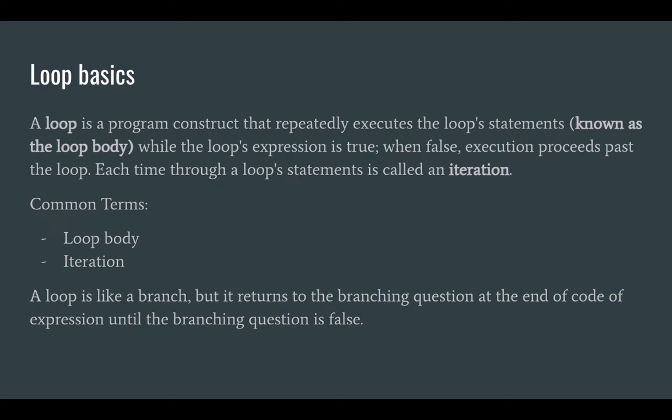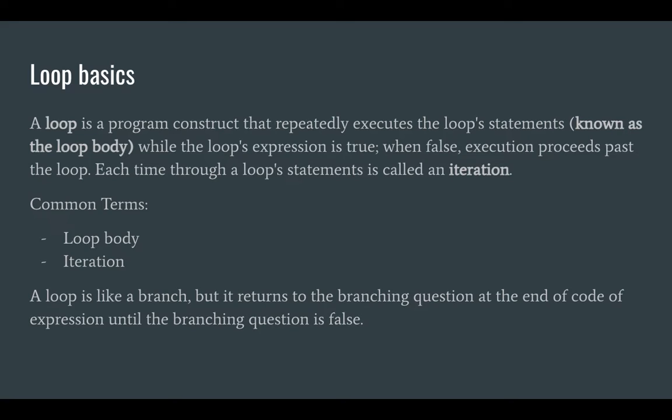Common terms for a loop, you have the loop body and you have an iteration. So an iteration is the amount of times that you're going through the cycle of the code. The loop body is what's inside the loop. So a loop is kind of like a branch. It's like an if statement. If the Boolean expression is met, it executes the code inside the loop.